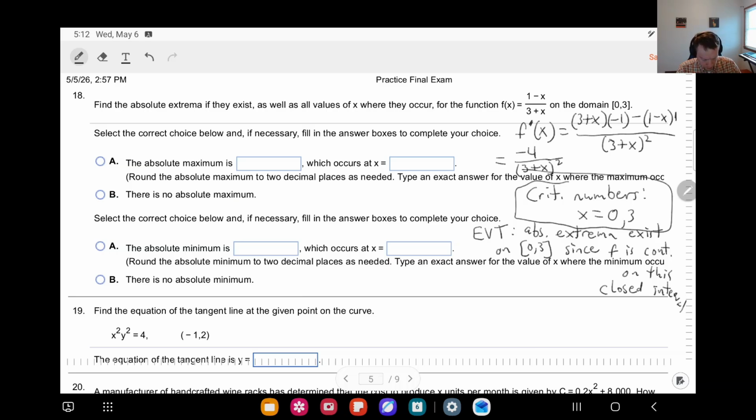Right? So what you do, plug in 0 and 3. Let's make a little table. So 0 and 3 we plug in to f of x. See which one gives us the big number and which one gives us the small number, and those will be our absolute maximum and absolute minimum. So here's f of x. If I plug in 0, I get 1/3.